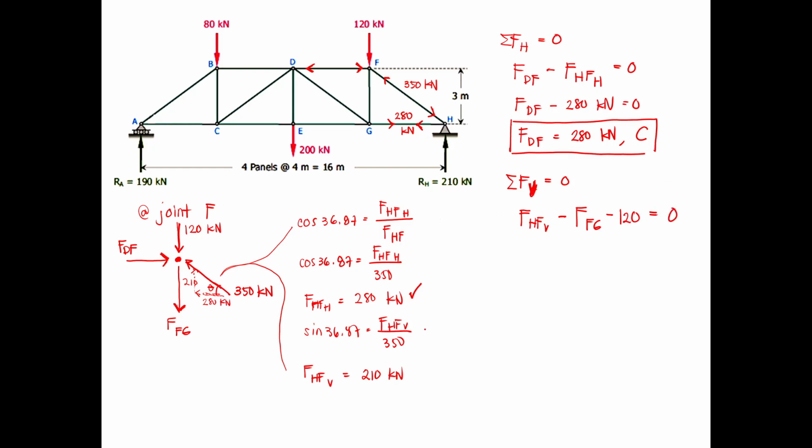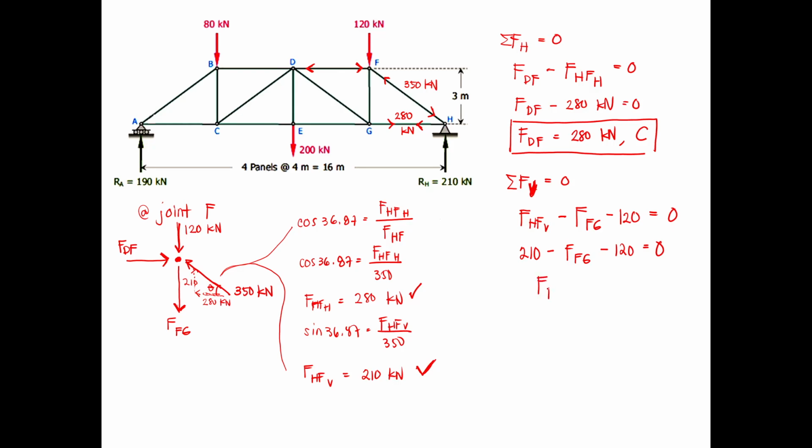The vertical component of HF has already been solved, so this is 210, minus force FG, member FG, minus 120 equals 0.